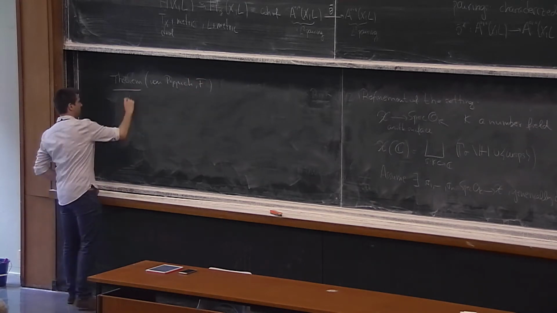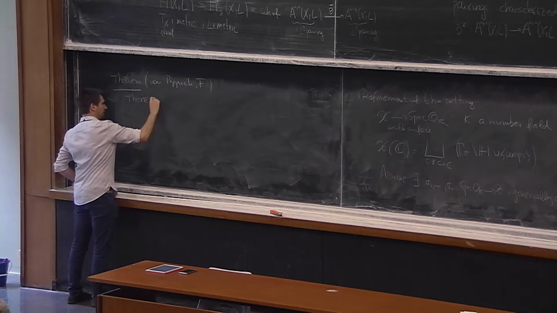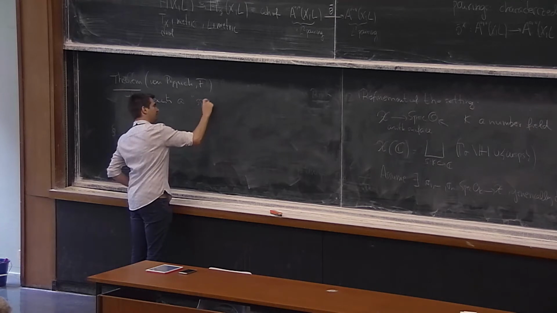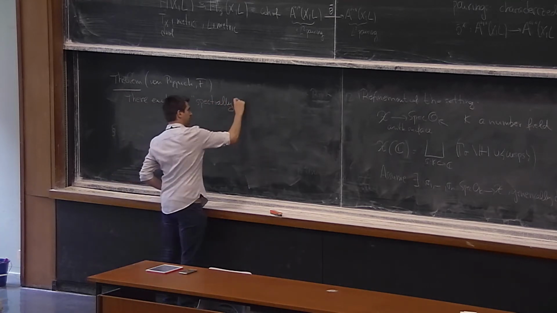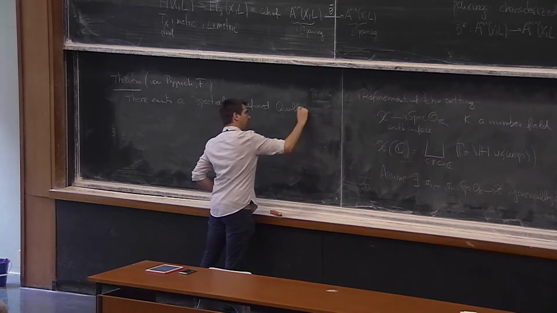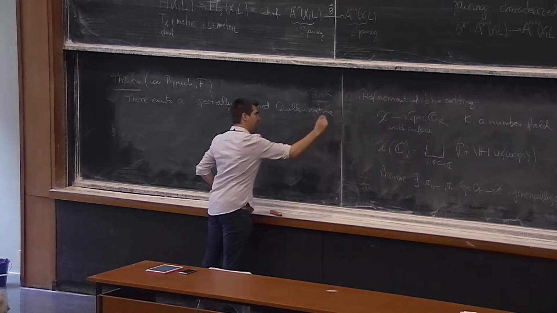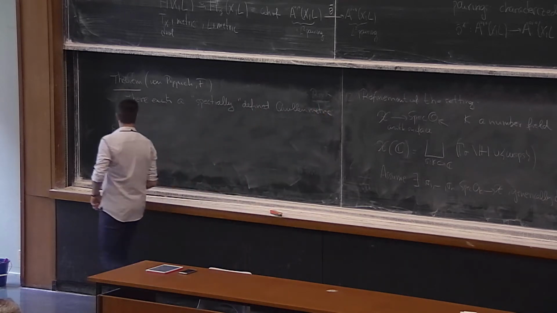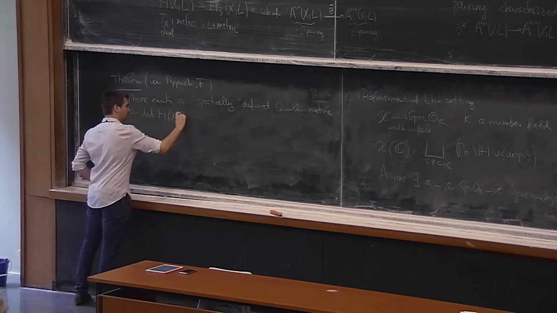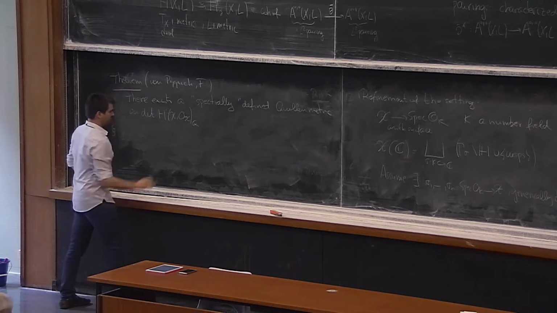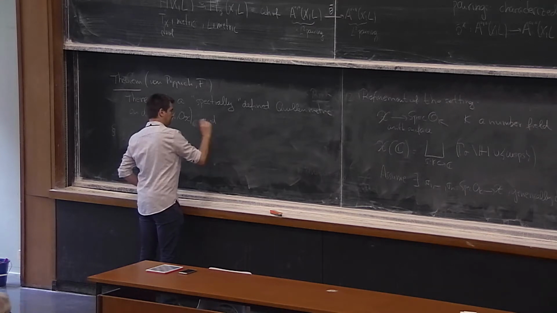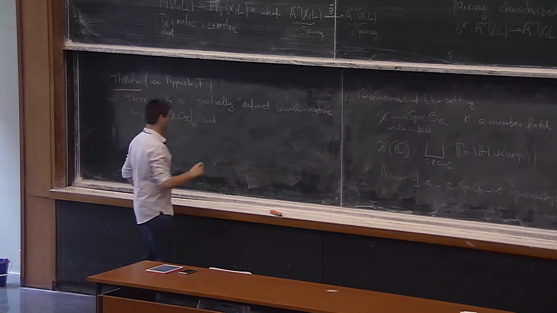So there exists, let me say it this way, it will be a bit vague, spectrally defined fluid metric on the determinant cohomology and an equality. Okay, and also kind of canonical metrics.